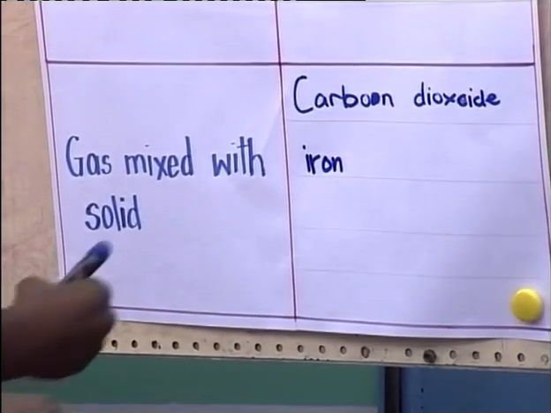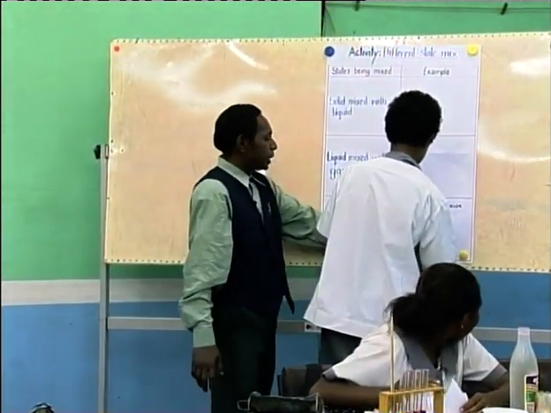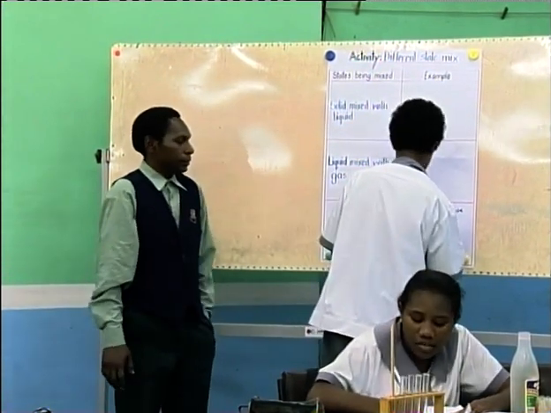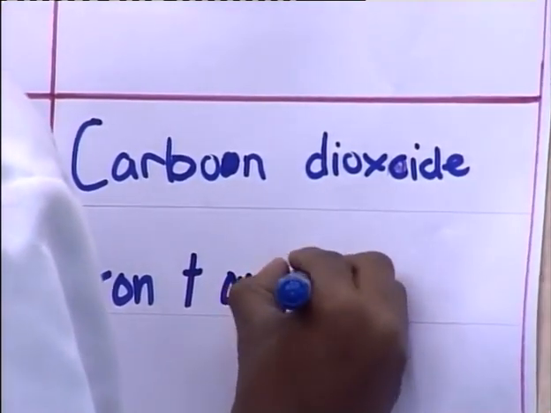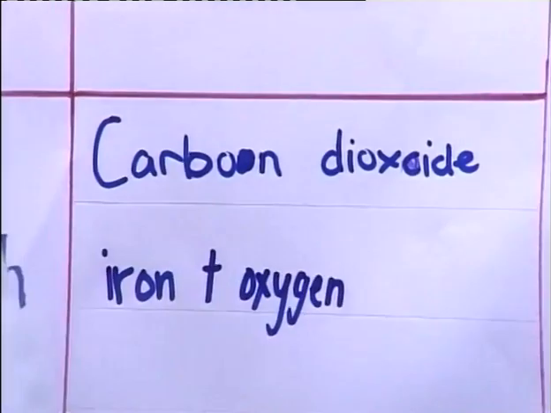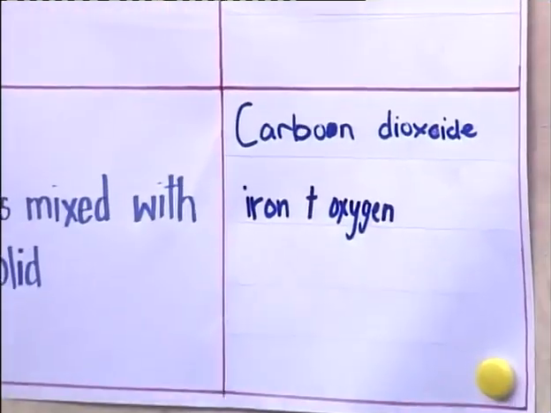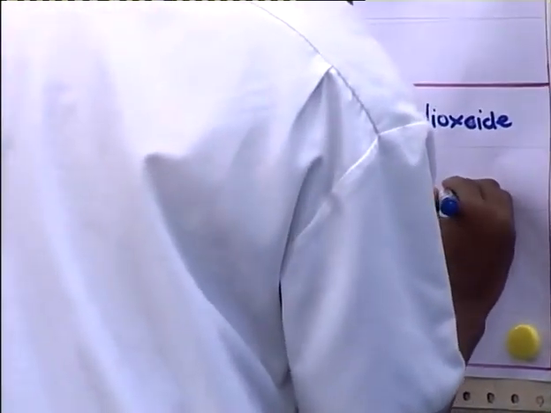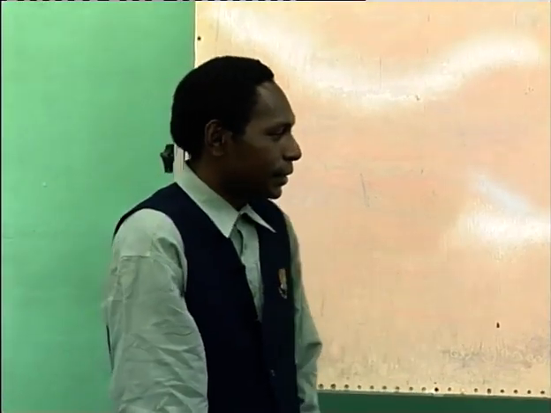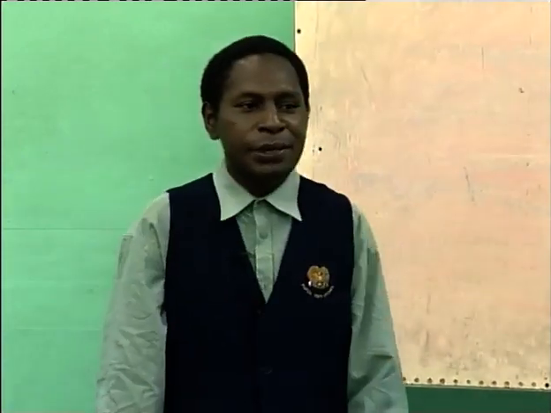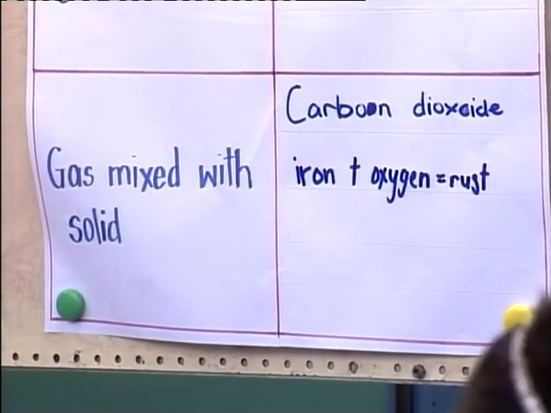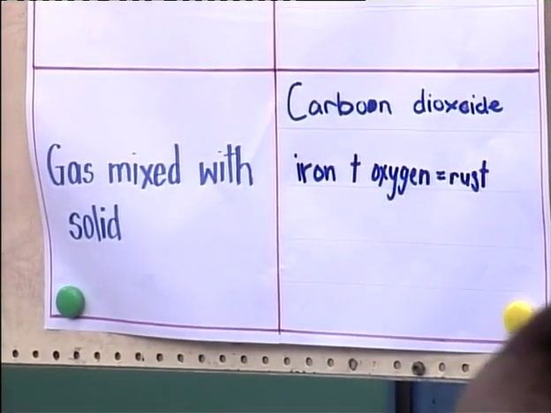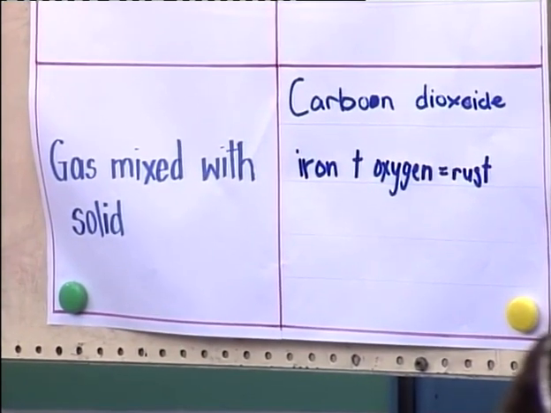Very good, receiving students. Okay, class. Iron plus oxygen equals what, everyone? Rust. Okay, so we have rust there. Rust occurs when a gas mixes with a solid. That's one example of a gas mixing with a solid. It gives rust.